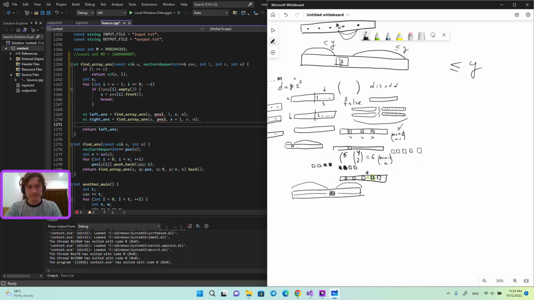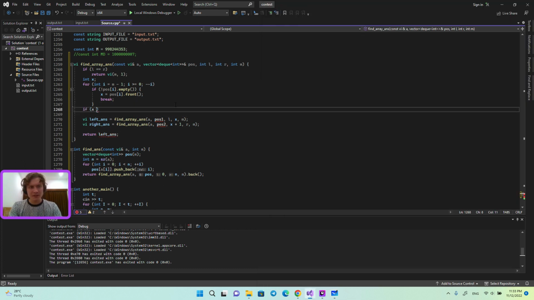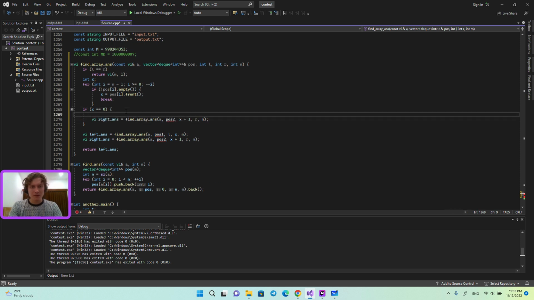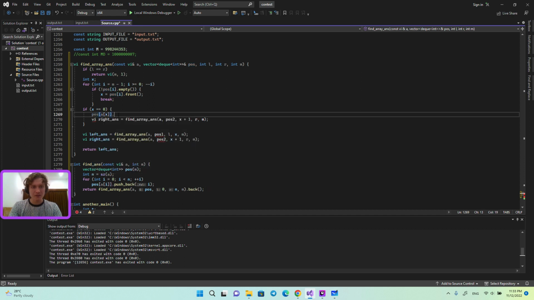So, first of all, let's assume that x equals 0. I think this is an important case. Then I just find right ans. I say that pos ax dot pop front. Then I find the right ans.